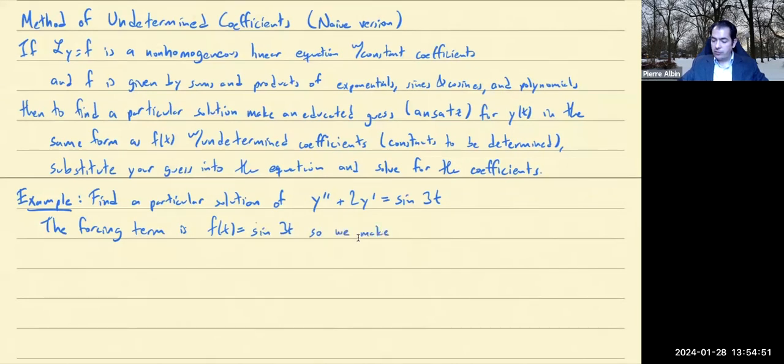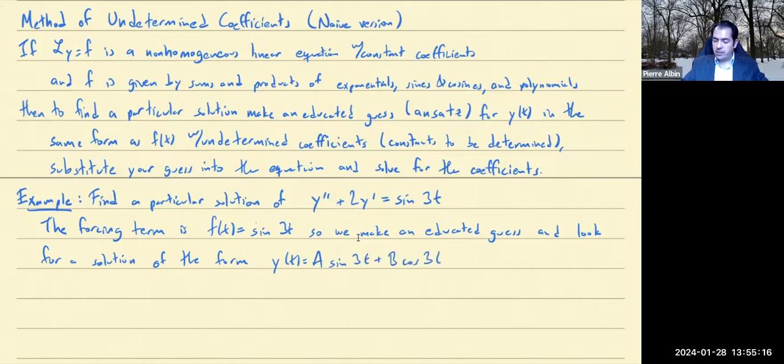So we make an educated guess and look for a solution of the form y of t is going to be some constant times sine of 3t plus some constant times cosine of 3t. Okay, so of course here I just have a sine of 3t. So you might think, well, why don't you just guess a multiple of sine of 3t, right? And okay, well, let's think about that.